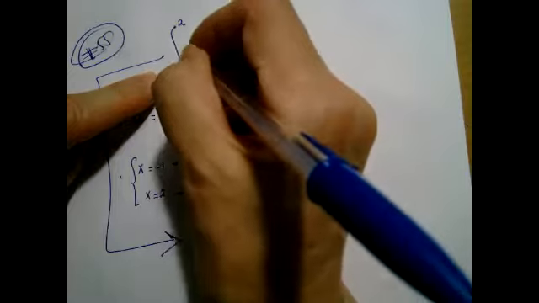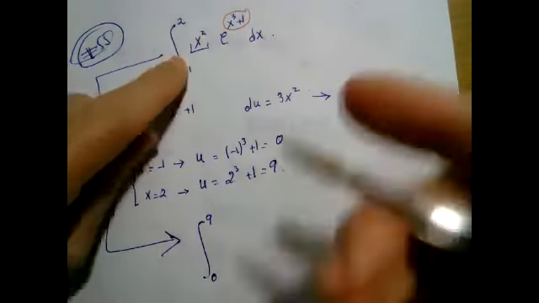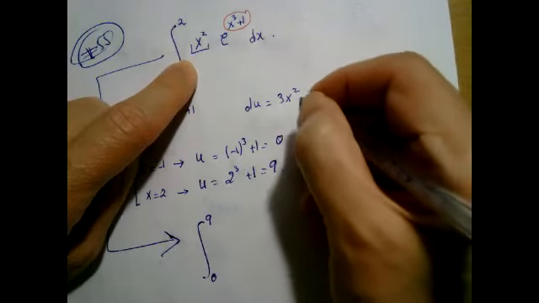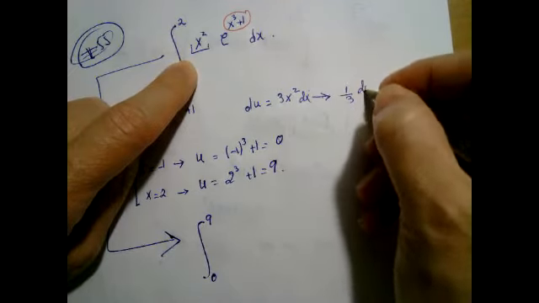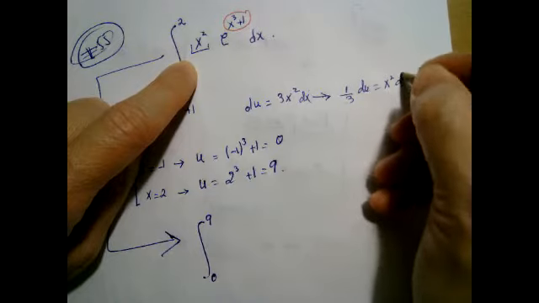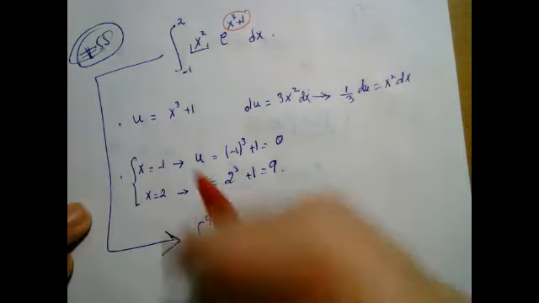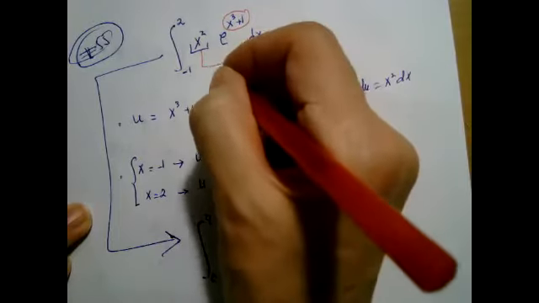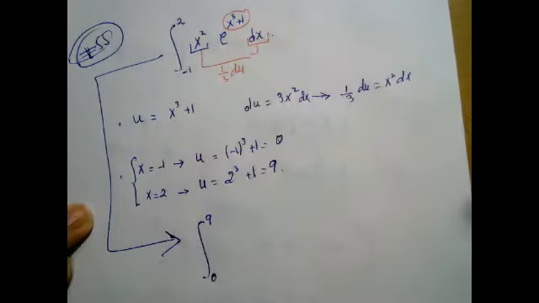Now I have x squared. I don't have the 3. So from here, I can deduce, divide by 3, I need my x squared dx. So my x squared dx, this piece here, is a third du.